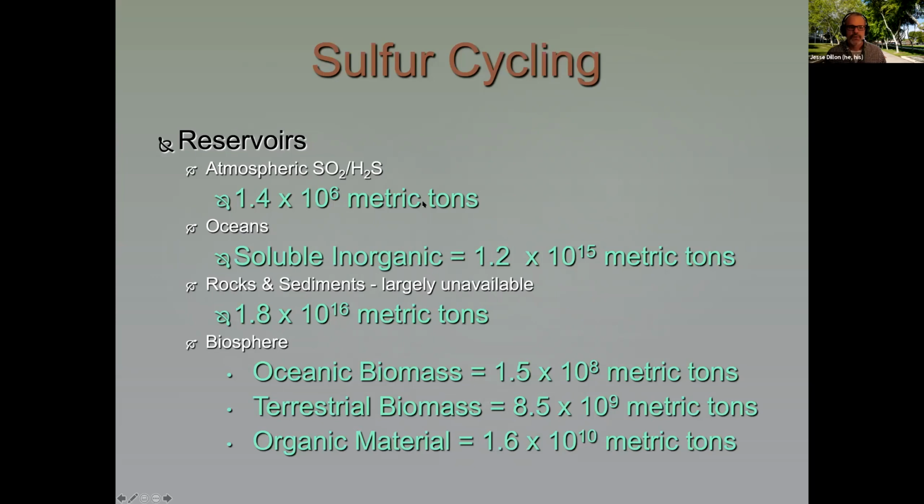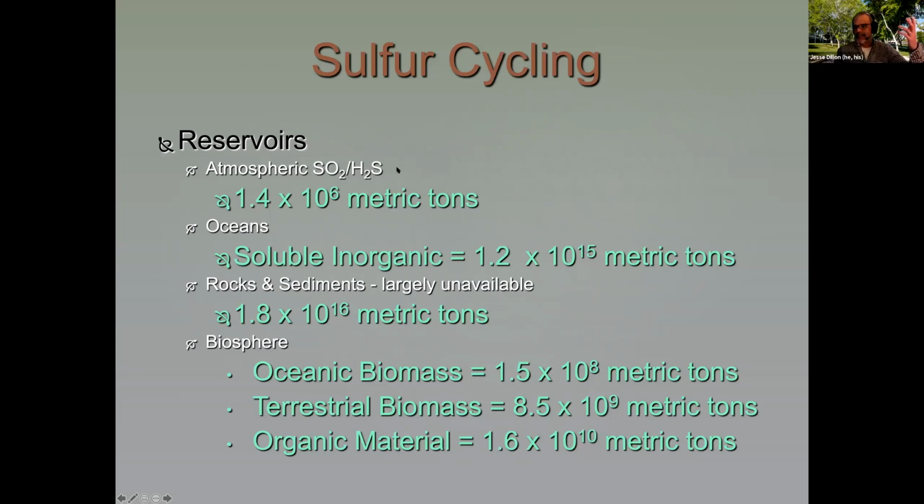Okay. So in the atmosphere, it's sulfur dioxide. And at the end of this portion of the lecture, we'll find out why having a lot of oxidized sulfur in the atmosphere is bad for life. In the ocean, as we said, sulfur, and mostly going to be sulfate, is very common. Okay. Incidentally, hydrogen sulfide is a gas, right?